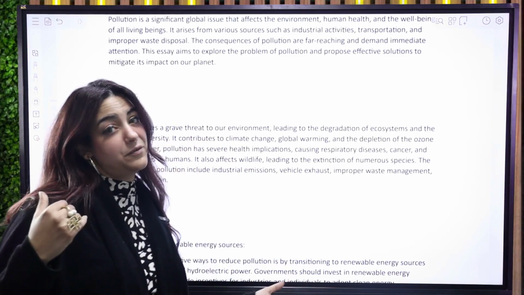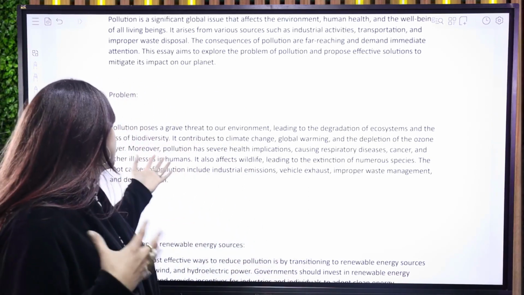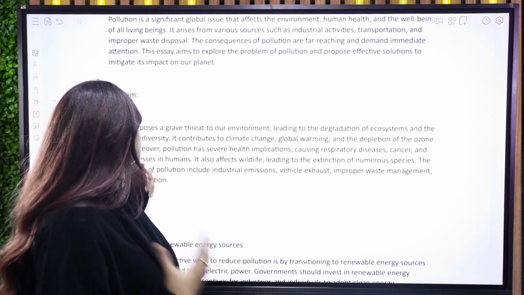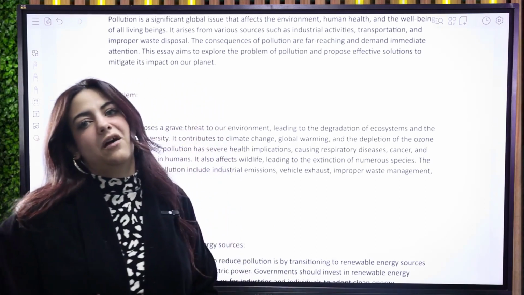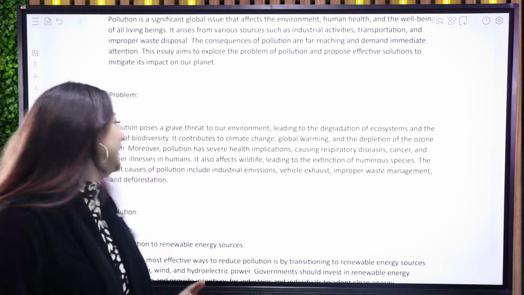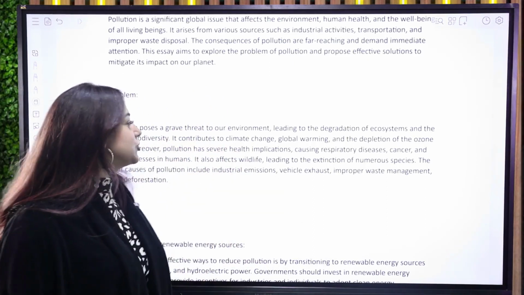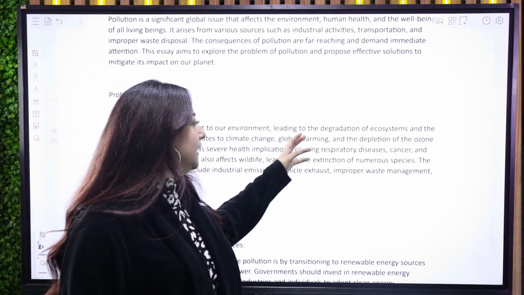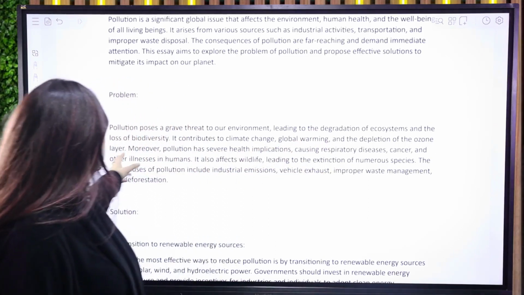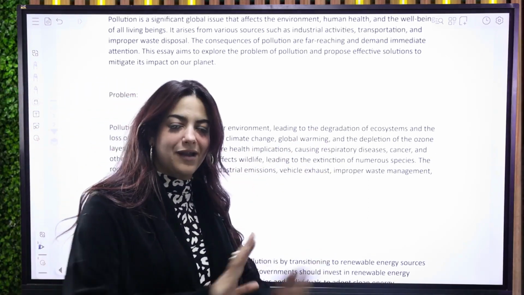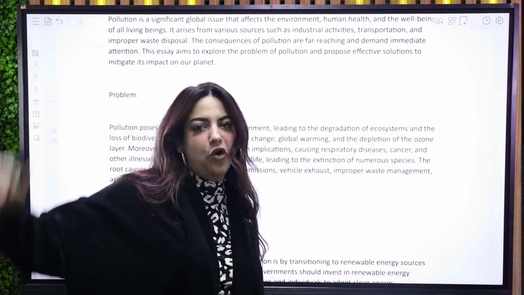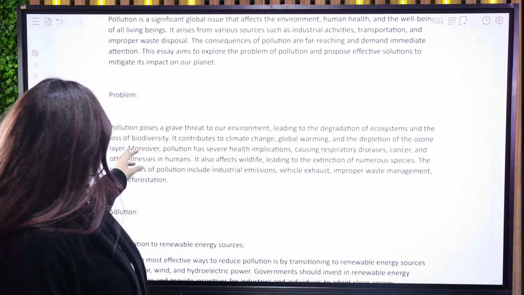And we discussed this in the previous video, saying that biodiversity loss means the loss of lives of people and the loss of lives of animals, okay? So it contributes to climate change, global warming, and the depletion of the ozone layer. Depletion here means that the quality is ruined. It's not effective anymore. It's not working.